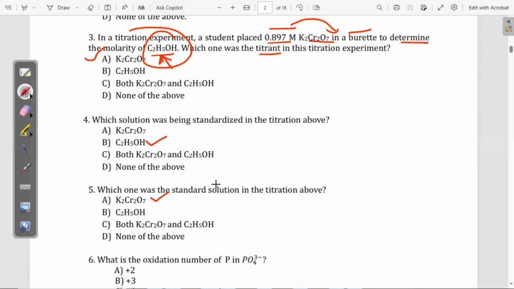The standard solution is a solution that has known concentration, and it's always put in the burette. The analyte is the one that is being standardized, and it's usually put in a beaker so that we can determine its molarity. So here the answer is A, on 4 it's B, on 5 it's A again.